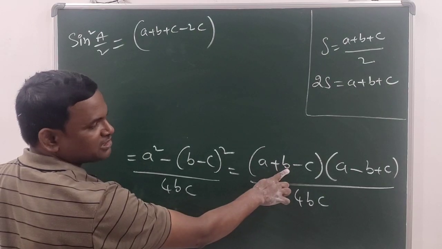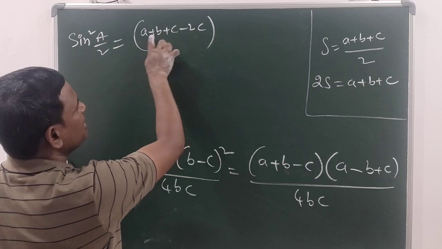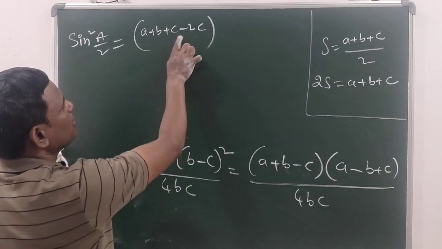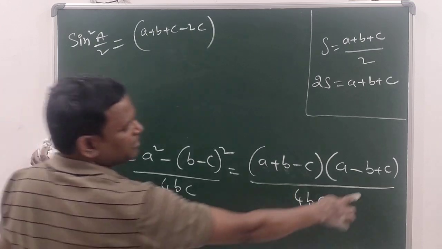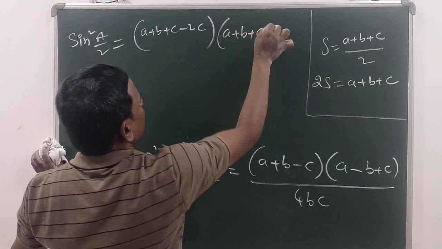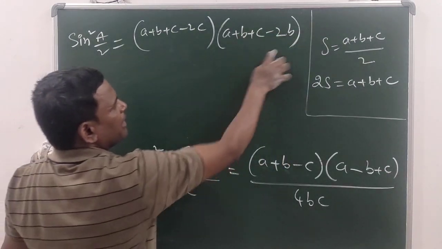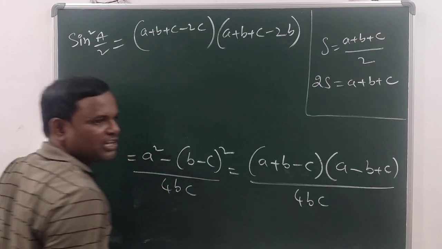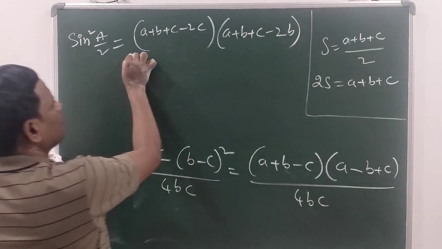Here I added plus c, minus c. Minus c minus c became minus 2c. Here a plus b plus c you got. If you take the difference of these two, again you will get this back step only. Similarly here also, a plus b plus c minus 2b, because minus b minus b you will get minus 2b. Why I wrote like this means you will come to know in the next step.